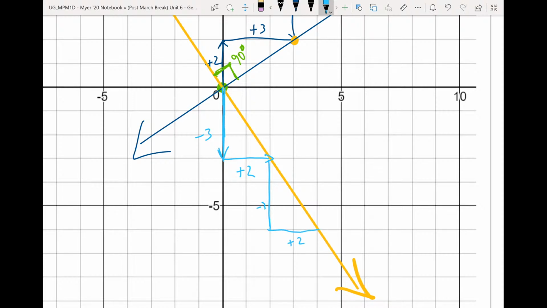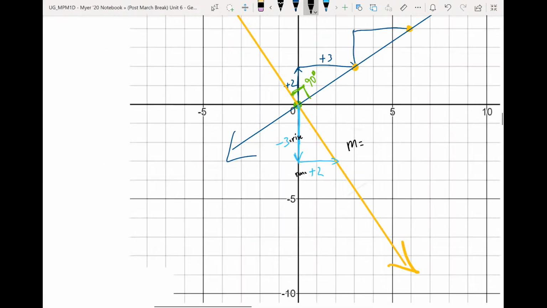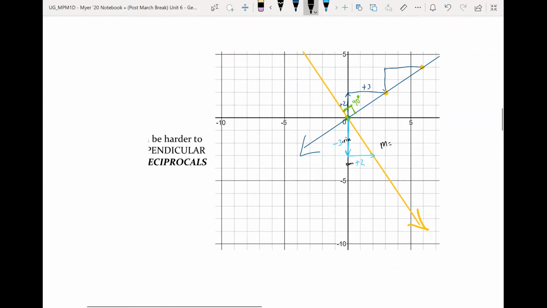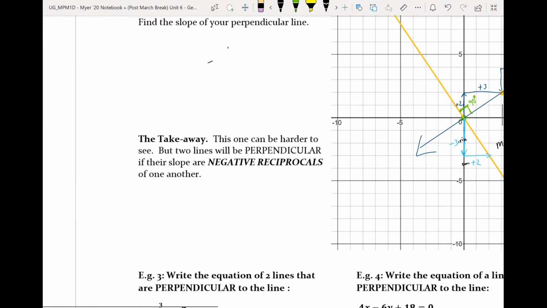So you don't have to do the second one. The whole point is that this is our new rise and run for the perpendicular line. So we can say that our slope is the rise and run that we have on that one. And I'm going to put the symbol, actually, that's for perpendicular.